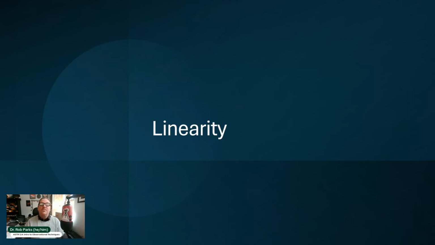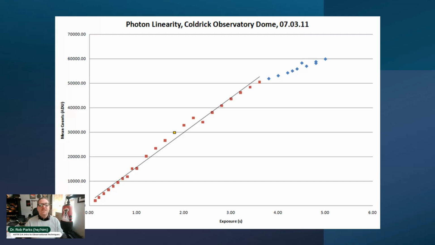Next thing you need to know is something known as linearity. This is taken from Kodrick Observatory. This is apparently actual data, and it's a little bit kludgy, but I wanted to show you actual data as opposed to a representative curve. What they've done here is they've looked at presumably a particular star, and they've taken multiple images of that star with varying exposure times.